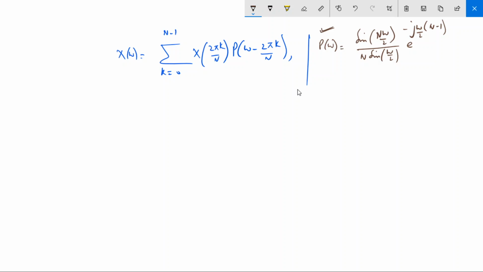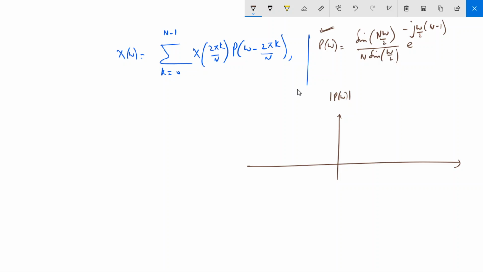If you plot its magnitude response only, that is mod of P(omega). Since it is the Fourier transform of a discrete signal, it is going to be periodic with a period of 2 pi. So we have to plot only between 0 to 2 pi or between minus pi to pi. It will repeat beyond this.